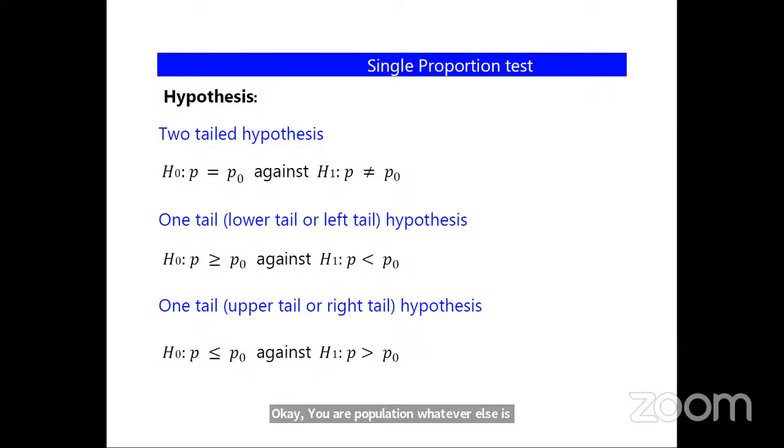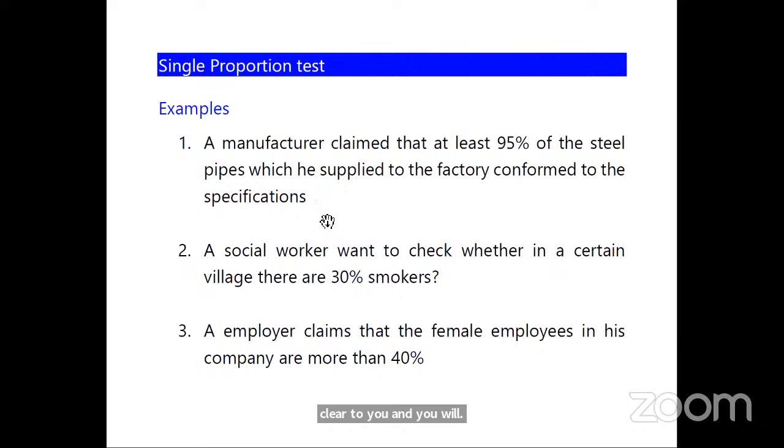Okay, now I hope it is clear to you and you will give me the answers, right? So when somebody wants to check whether the proportion of smokers is 30%, what is your H naught? Yes, what is H naught?